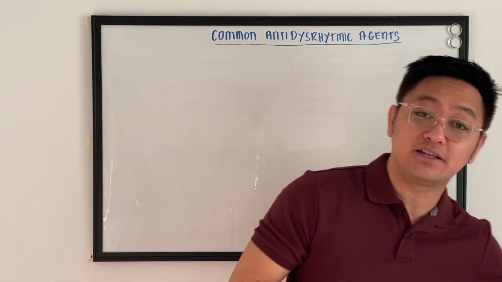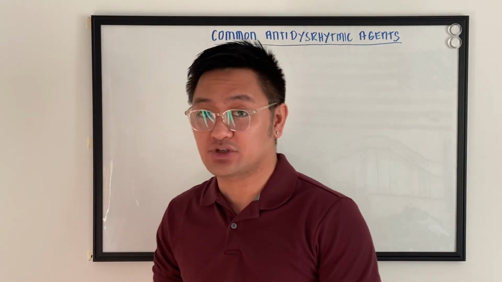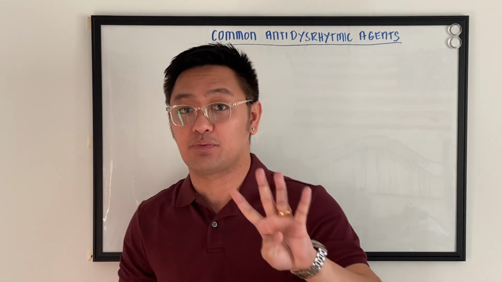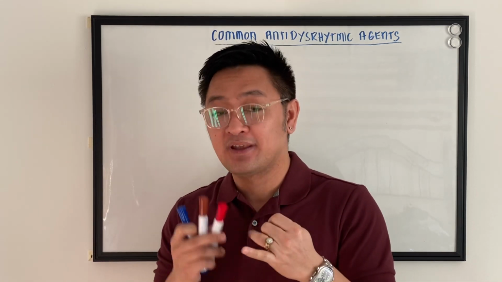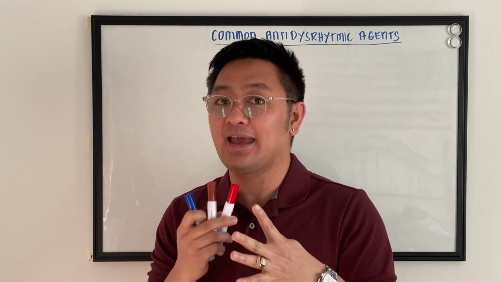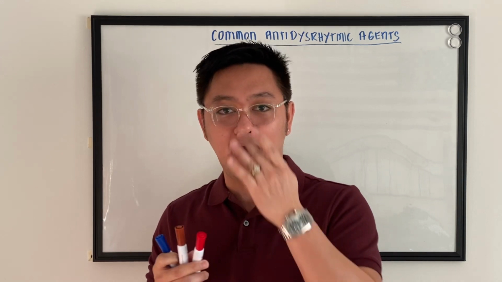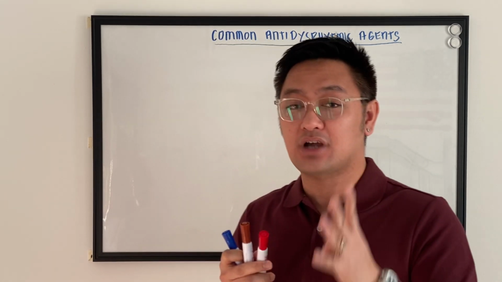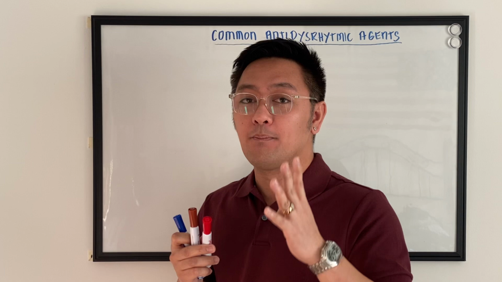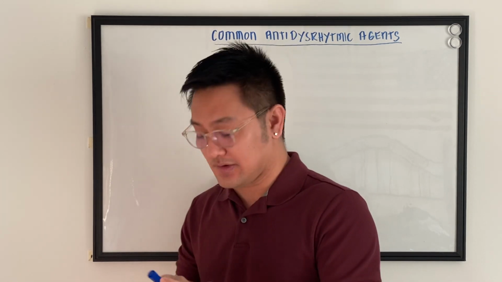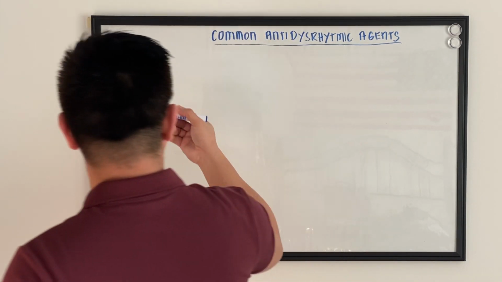So let's identify the different antidysrhythmic agents. Actually, there are 4 common antidysrhythmic drug classes: class 1, class 2, class 3, and class 4. I will discuss each class and give an example medication of each.